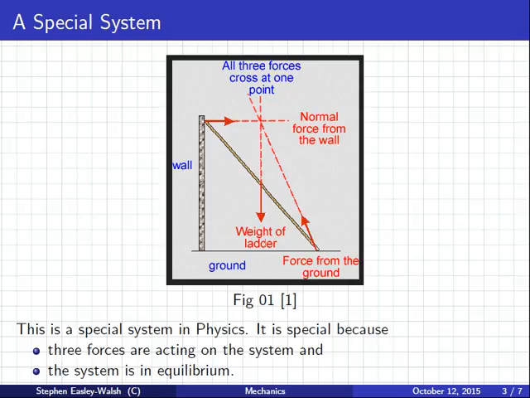Basically, these three forces are concurrent. That's the word. Got it?